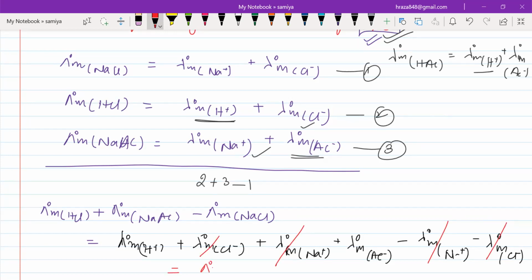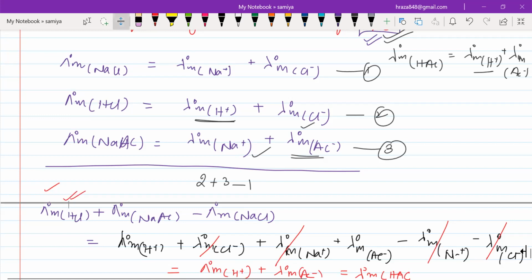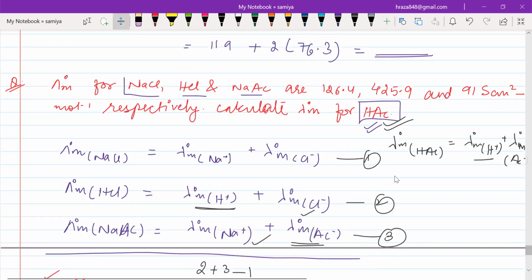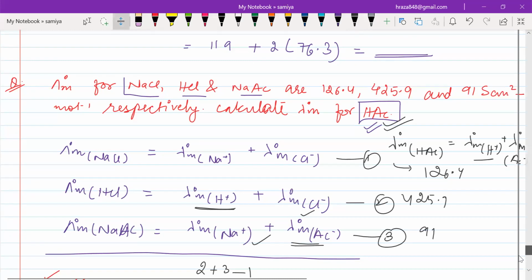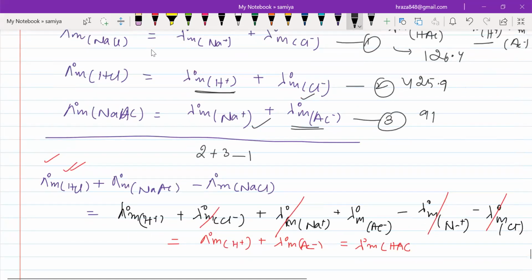What we have left is lambda naught m H plus lambda naught m Ac minus, which will be equal to lambda naught m HAc. What is the value of this? It was given in the question. NaCl has a value 126.4, HCl has a value 425.9, NaAc has a value 91. So I'm going to just put the values: 425.9 plus 91 minus 126.4 is your answer.